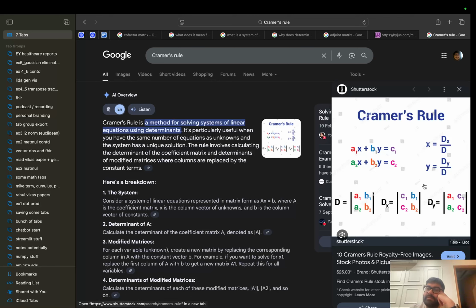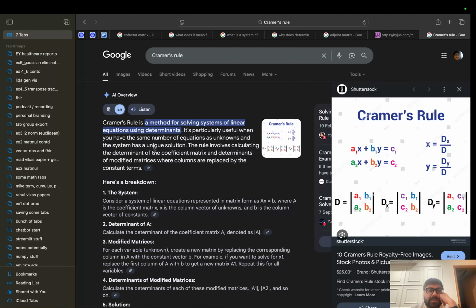Oh, I see. So I guess this derives from the fact that you could rewrite the equation in different ways with respect to different variables, right? I'm guessing.